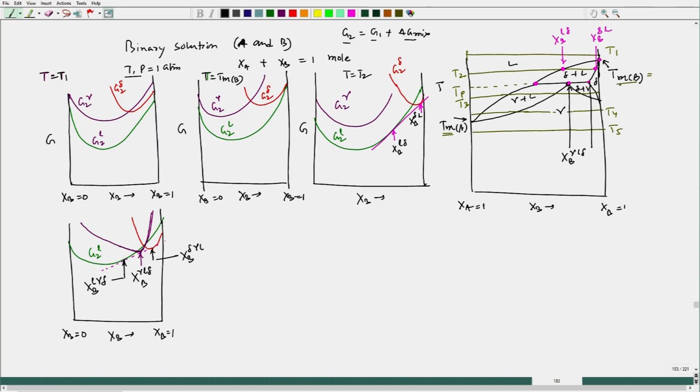This one is XB of delta in equilibrium with gamma and liquid, and this one is XB liquid in equilibrium with gamma and delta. Here I can see that delta plus liquid is in equilibrium with gamma. So, this is nothing but the peritectic reaction.